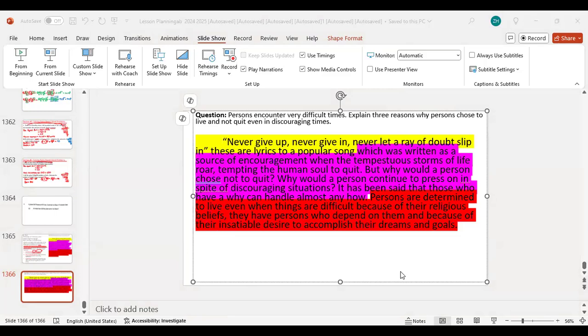Mr. Petit, I lost. How do we start our first body paragraph? With a topic sentence. Very good, Cleveland. So we must start with our topic sentence, right?